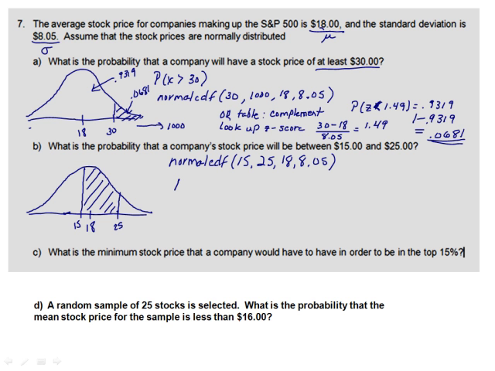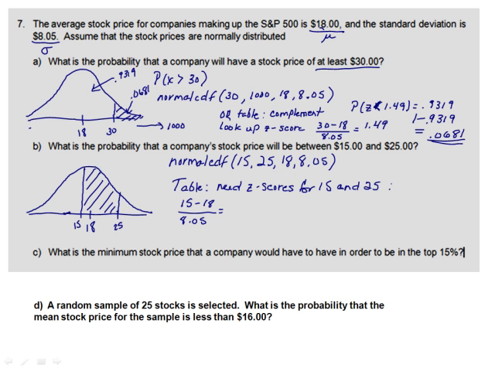Now to use the table, since we're between two values, we'll have to find z-scores for both the 15 and the 25. We'll have to look up each z-score in the table, and then we have to subtract the probabilities. So for our z-score for 15, we're going to take 15 minus 18, divide by 8.05.